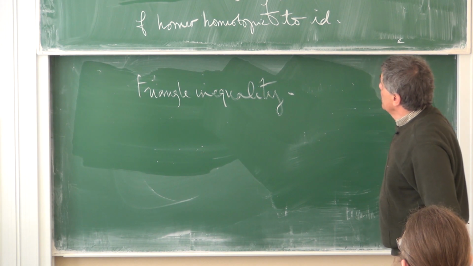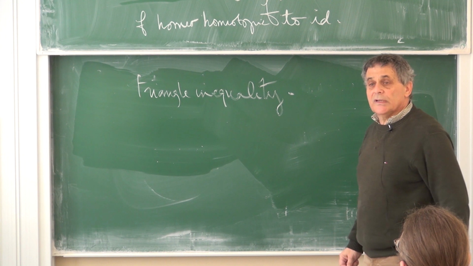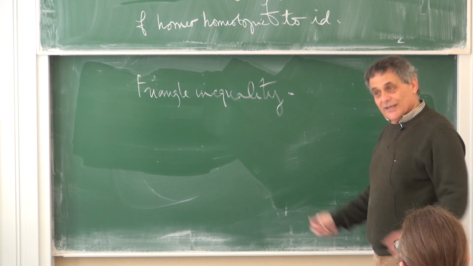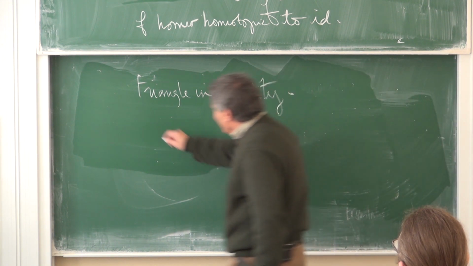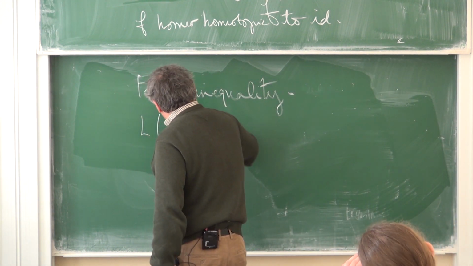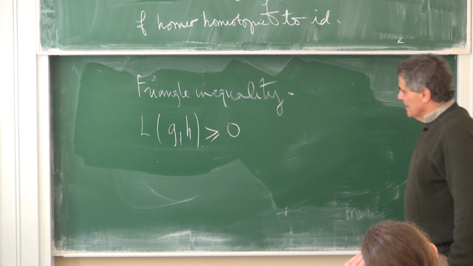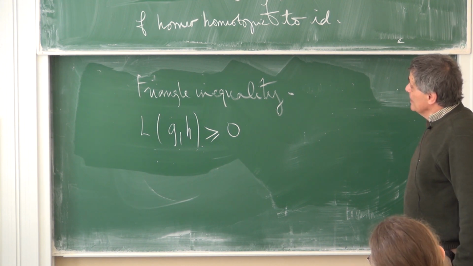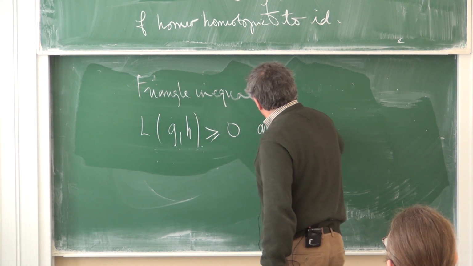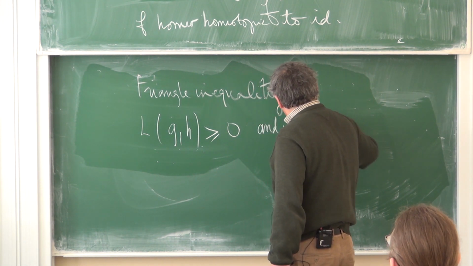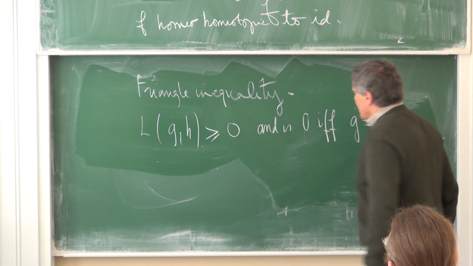This is easy. Can you see why this is satisfied? Okay, so the triangle inequality is good. The other thing is that L of GH is always positive and is 0 if and only if G is equal to H.